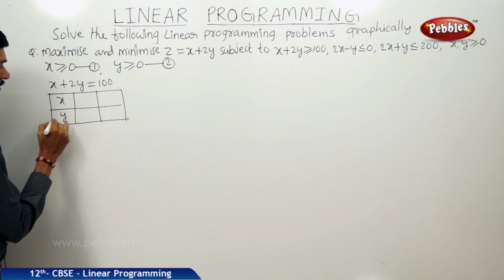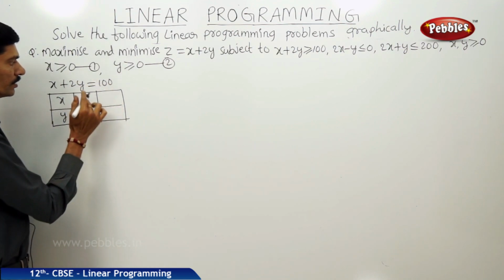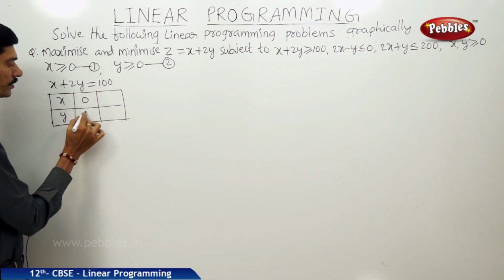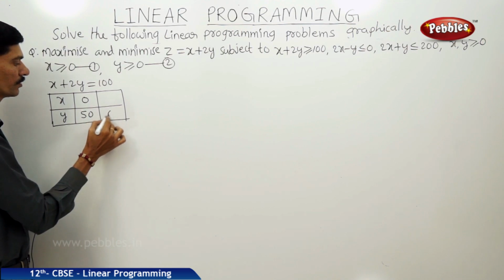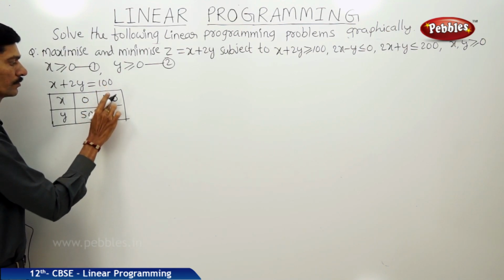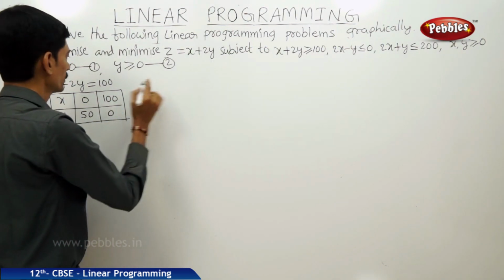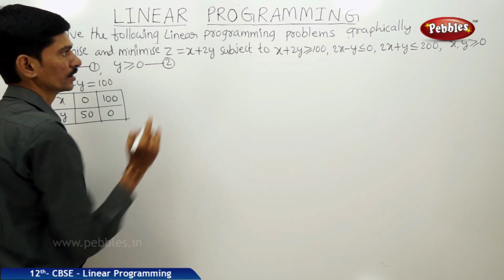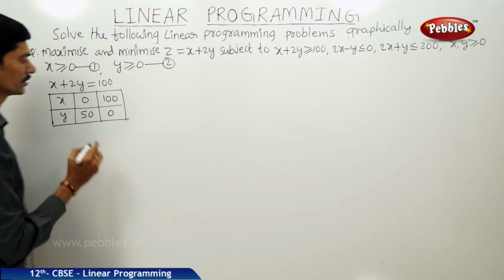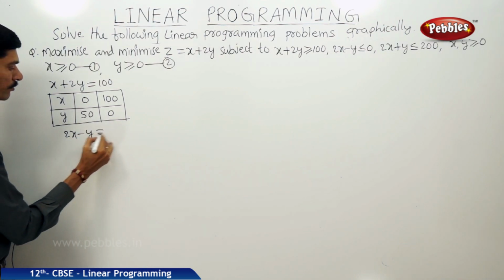X, then y. If x value is 0, then we get 2y equal to 100, then y equal to 50. And if y value is 0, then x value is 100. Now next, in equation 2x minus y less than 0, for this we will take 2x minus y equal to 0.